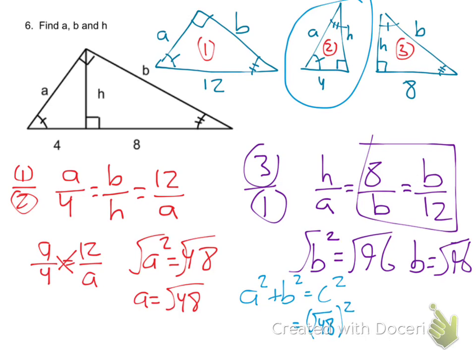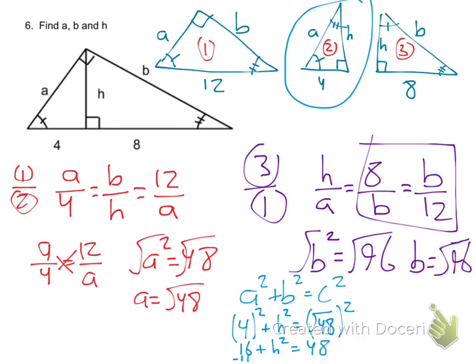That's going to equal the other two sides. Doesn't matter the order. So one of them is 4, because we're talking about the other legs here. And then the other one is H squared. So 16 plus H squared is equal to 48.